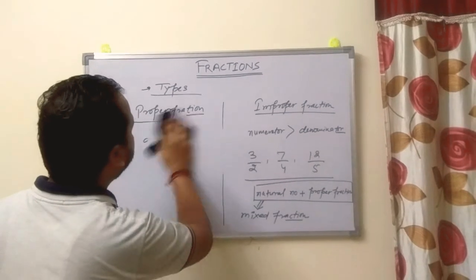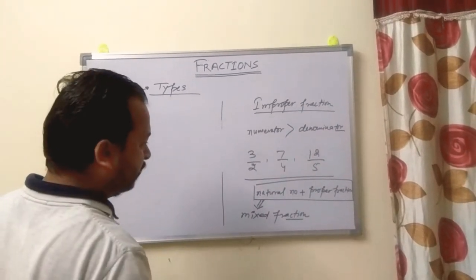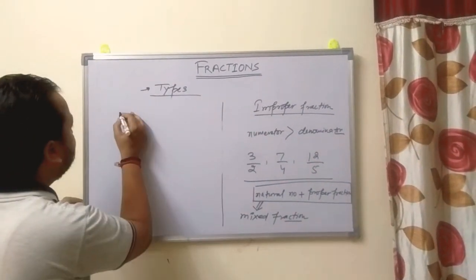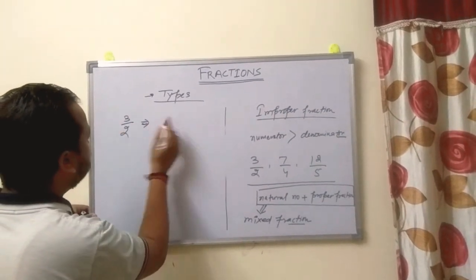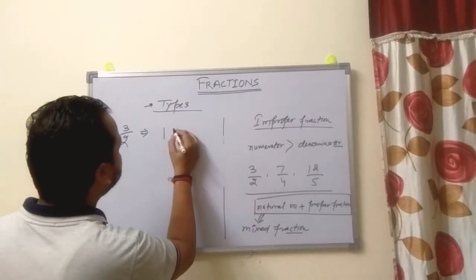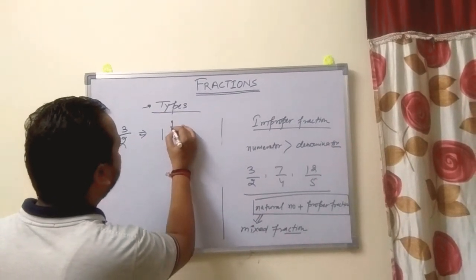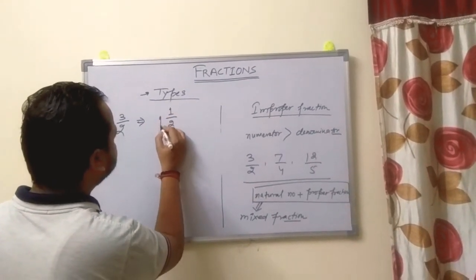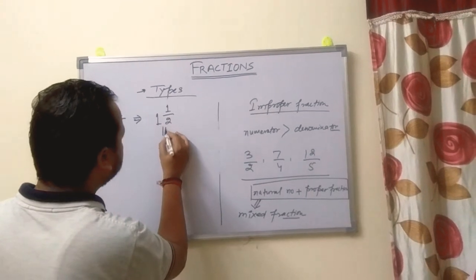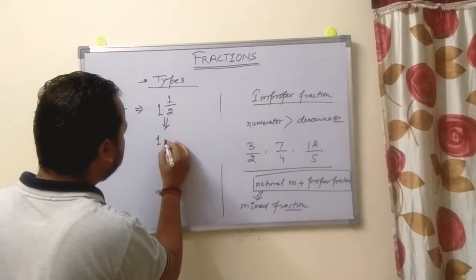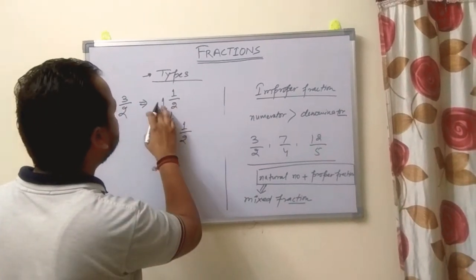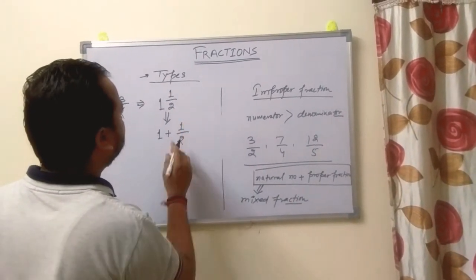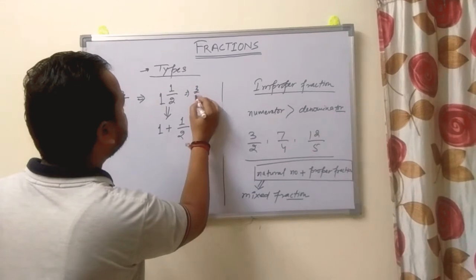Take an example. Suppose 3 by 2. 3 by 2 can also be written as 1 whole 1 by 2, and you can also write it as 1 plus 1 by 2. Means 2 1s are 2, plus 1, 3. So it is also 3 by 2.